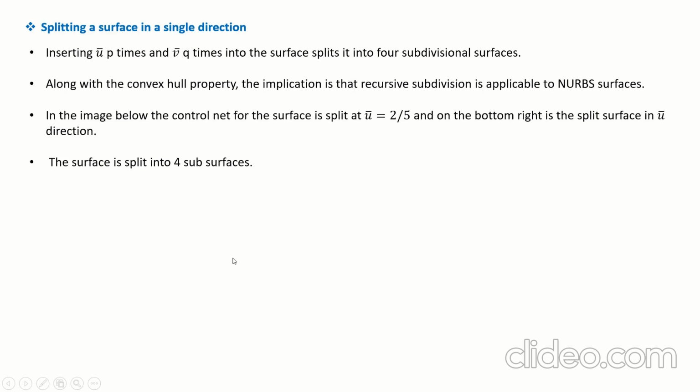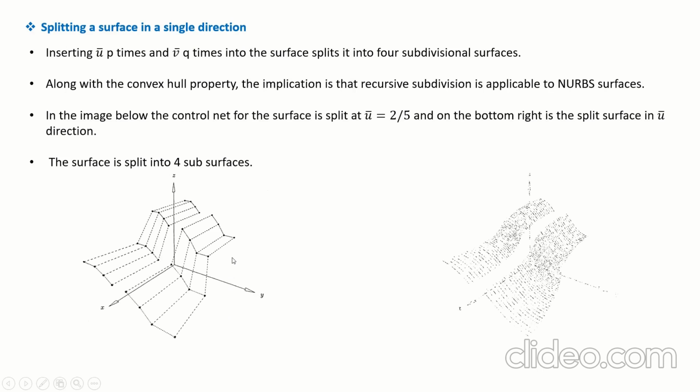So now let's talk about splitting a surface in a single direction. If multiple insertions are done in the u and/or v direction in the surface, then the surface splits into two or four subsurfaces. Shown here is a control net for a surface when it is split in the u direction because of multiple insertions in the u direction. As we can see here, it splits into two parts, and we can see that even on the surface.